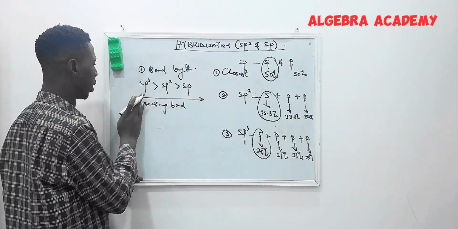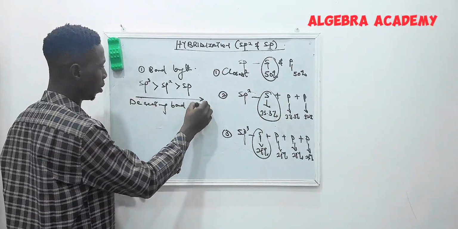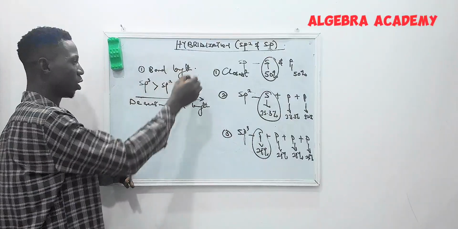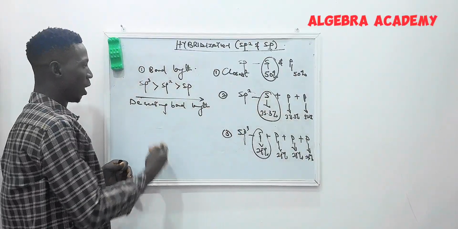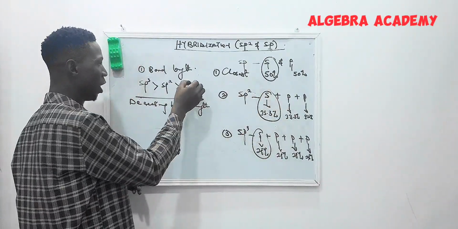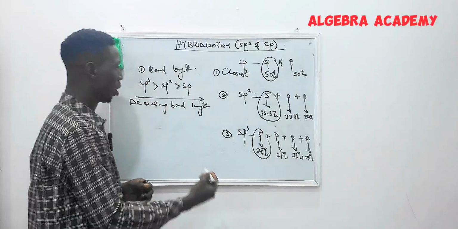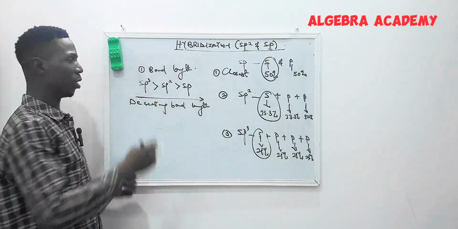No, let's say decreasing bond length. As we move from sp3 to sp, the bond length decreases. It means sp has the shortest bond length, while sp3 has the longest bond length. That is for bond length.